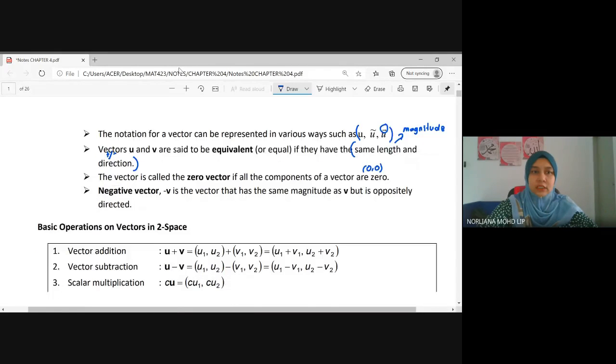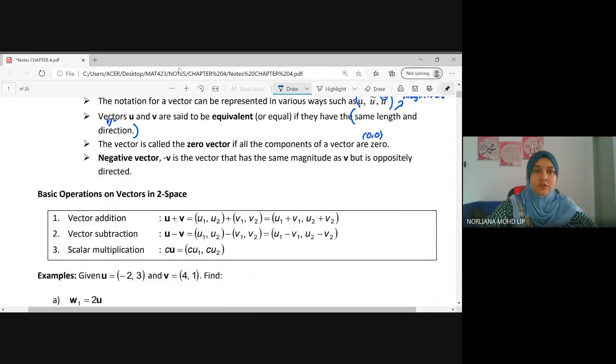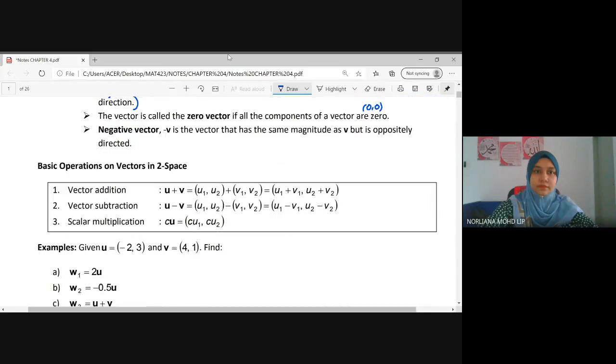We have three basic operations in vectors. First, we look at vectors in two space. Operation number one, addition: vector u plus vector v.